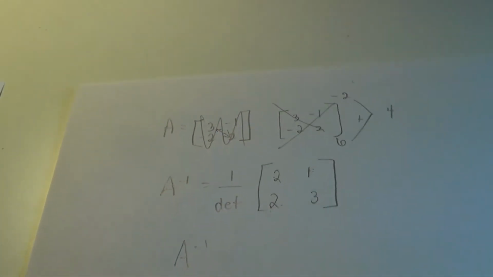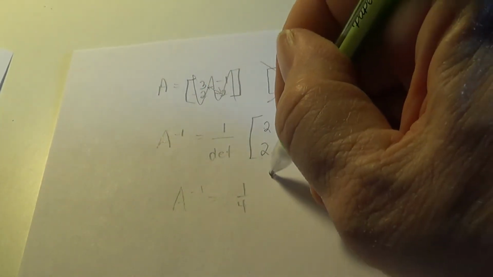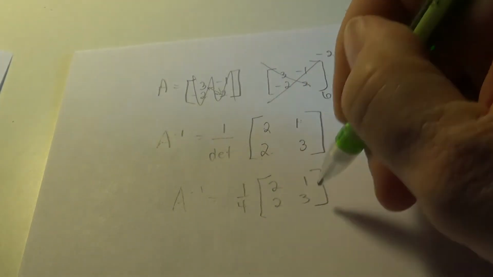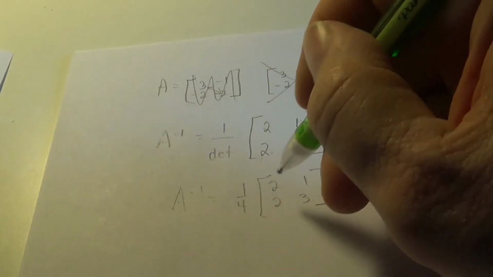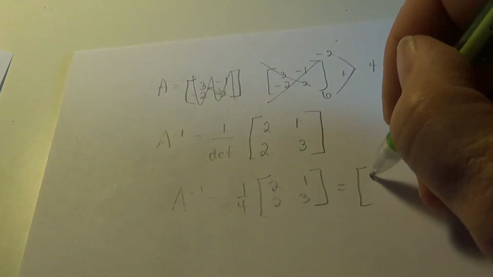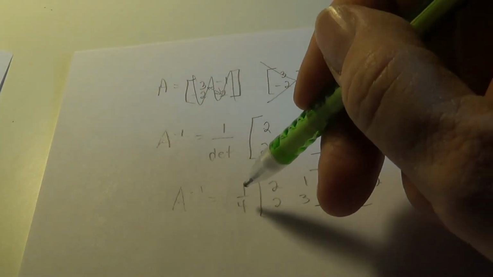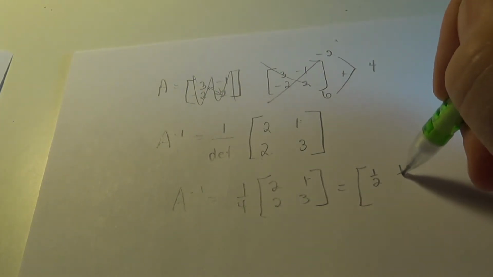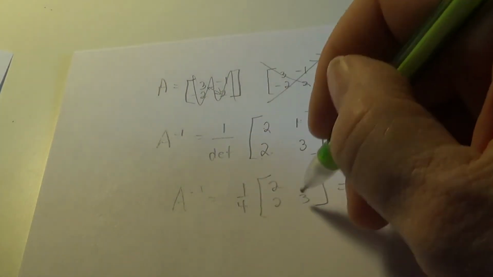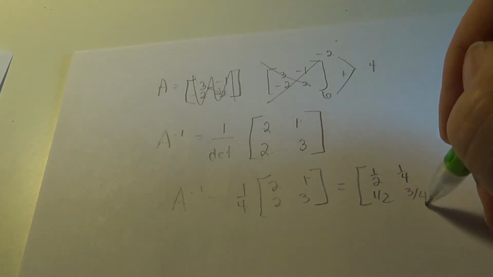So A inverse is going to be 1 over 4 times that switcheroo matrix. And now we just have to multiply each element by 1/4. 1/4 times 2 is 2/4. I'll reduce to 1/2. 1/4 times 1. 1/4 times 2 again. And 1/4 times 3.